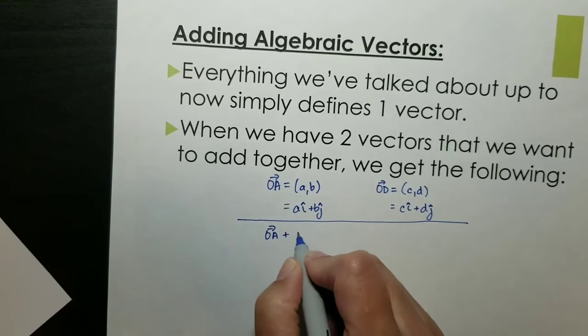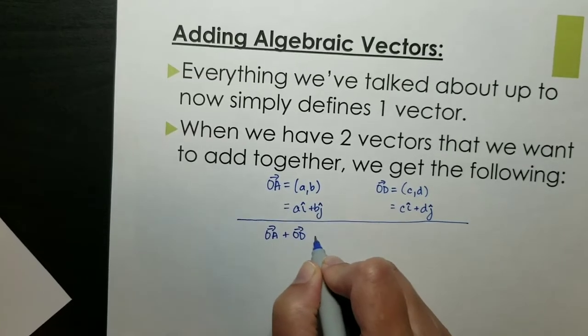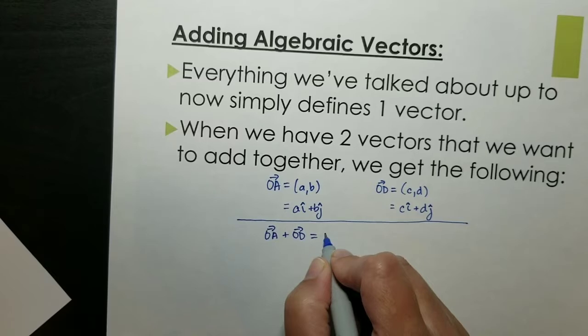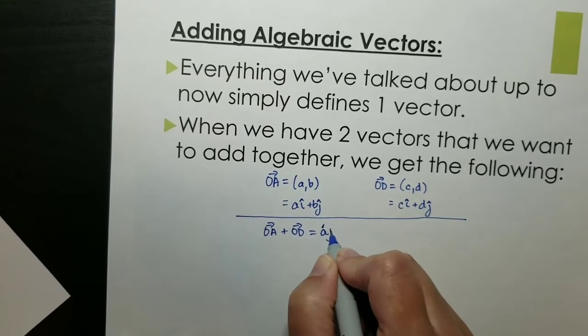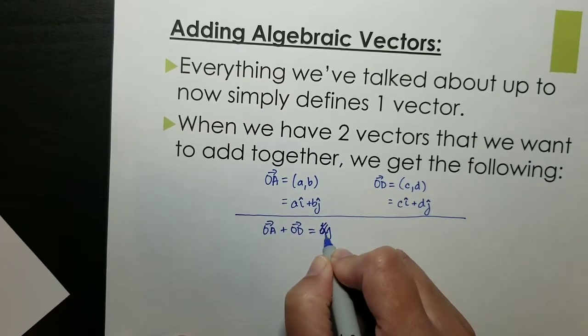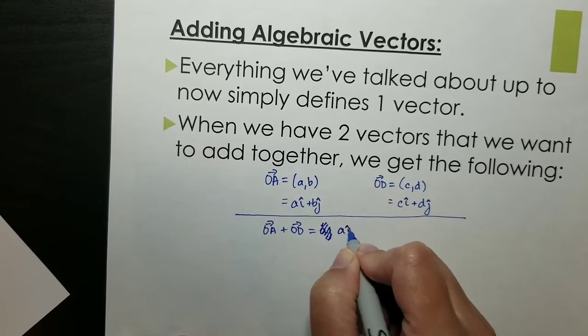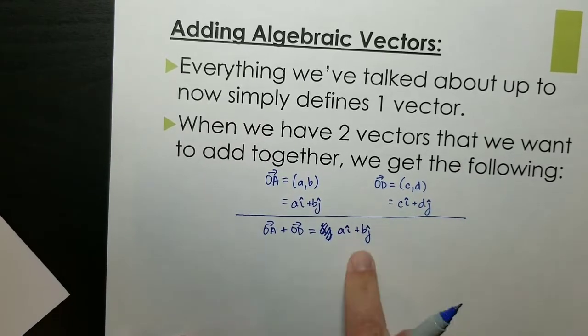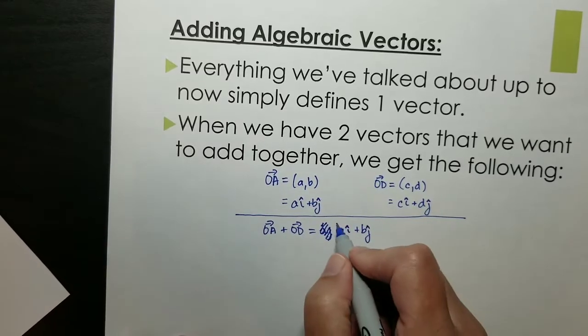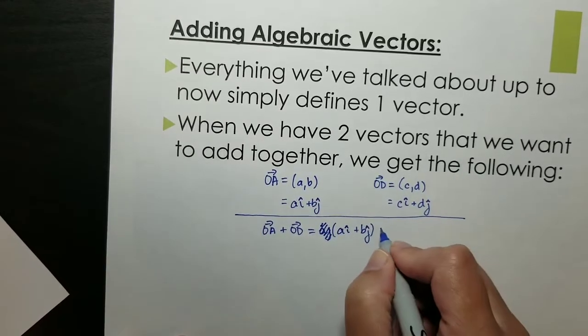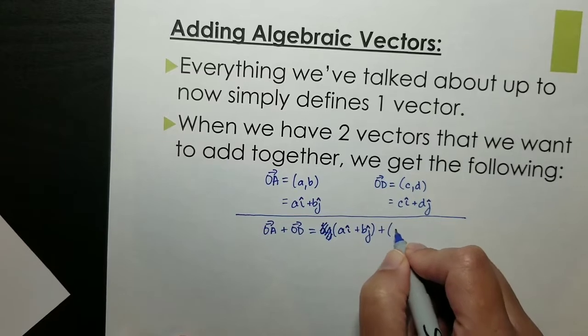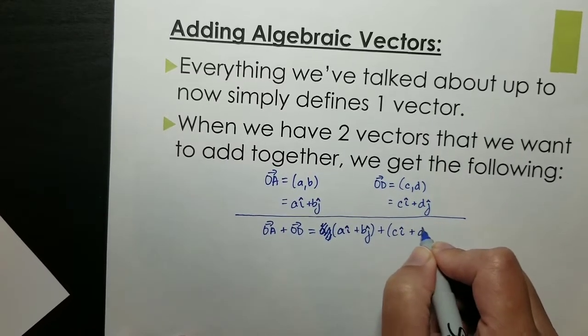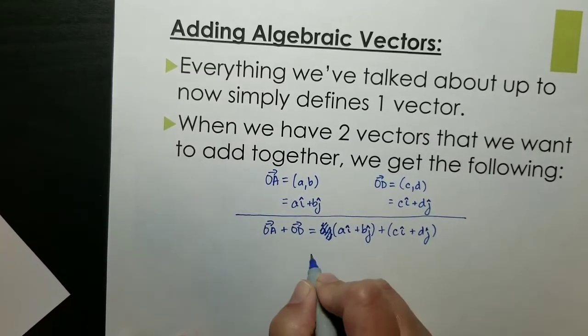And it is a lot easier than having to draw them out like we did with geometric vectors. So a times i hat plus b times j hat plus c times i hat plus d times j hat.